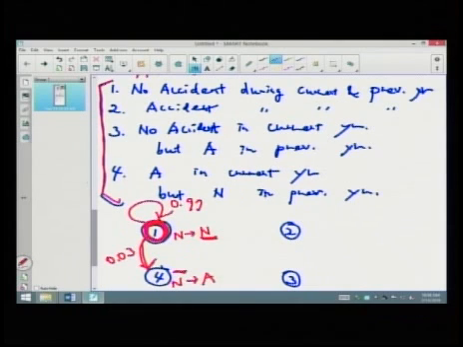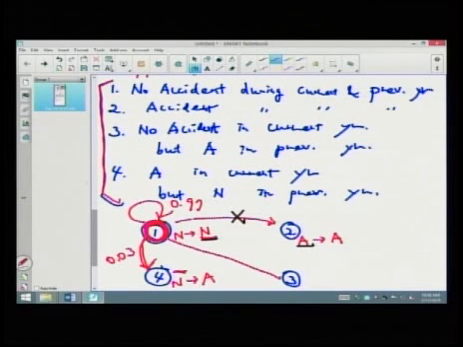Then do we have this transition? What is this state number 2? State number 2 says that in the previous year there is an accident, and then current year there is an accident. Since these two don't match, this transition never occurs. Is that right? What about this transition? 1, 2, 3.